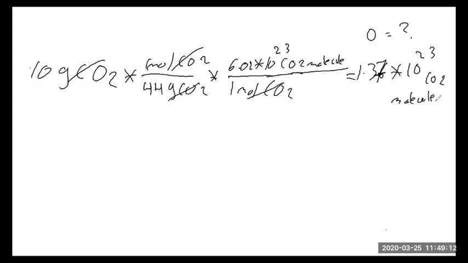Be careful. Here it is the number of CO2 molecule, and they are asking for how many oxygen atom. So how you will deal with that? You need one extra step.